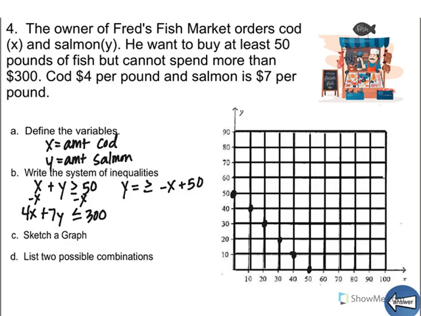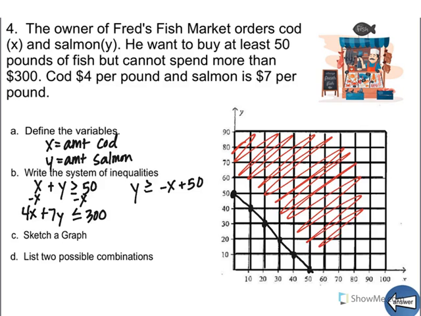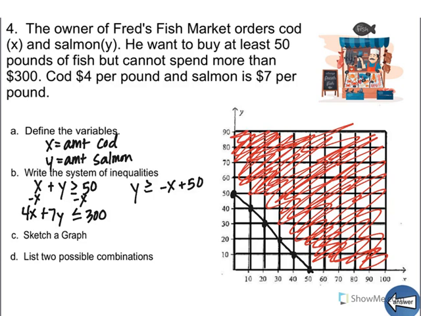Okay, so this would be solid again. Greater than or equal to here would be everything that's above. And I can look at the inequality when it's in slope-intercept form and just rely on the inequality to shade, but only when it's in slope-intercept form.